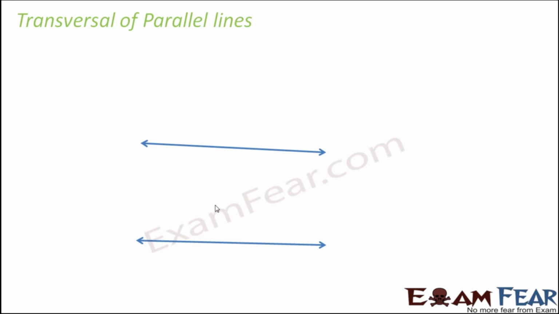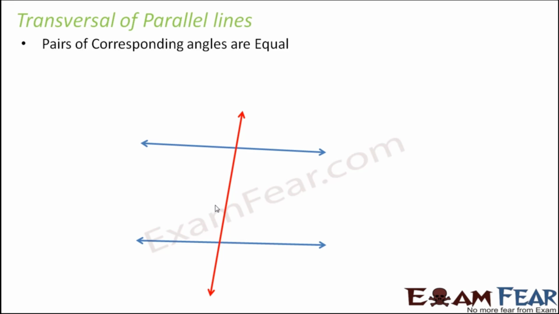Whenever two parallel lines are intersected by a common line, that common line is called the transversal. Now in case of parallel lines, these are the following relations that are established. It is observed that the pairs of corresponding angles are equal. You remember we spoke about the corresponding angle. So let's say if this is angle 1 and this is angle 3. These are corresponding angles.